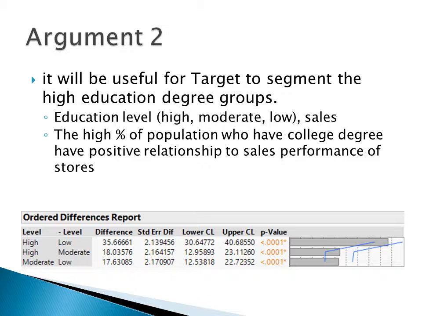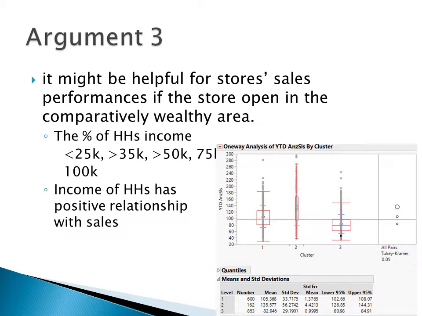So that is a totally different result. And argument 3 is that it might be helpful for Target's performance if the new store opens in comparatively wealthy areas.